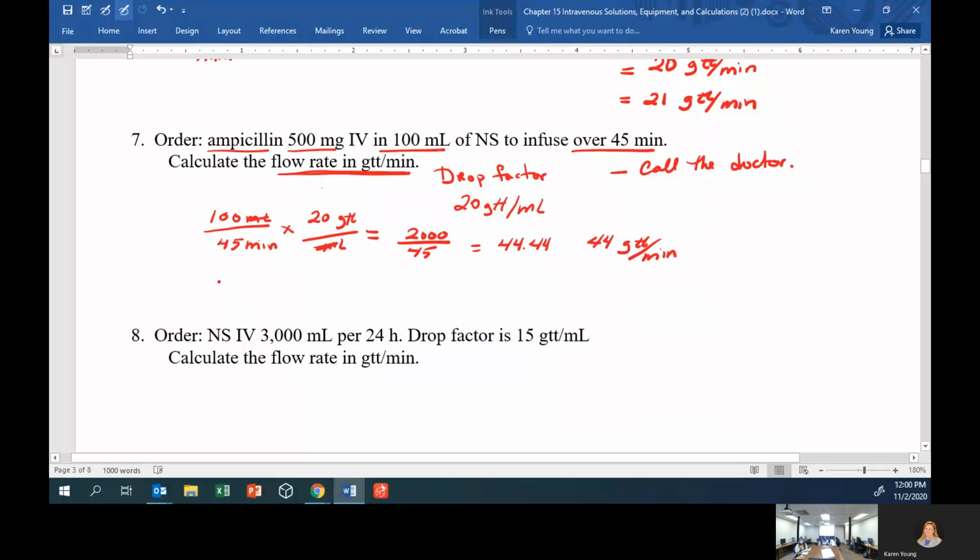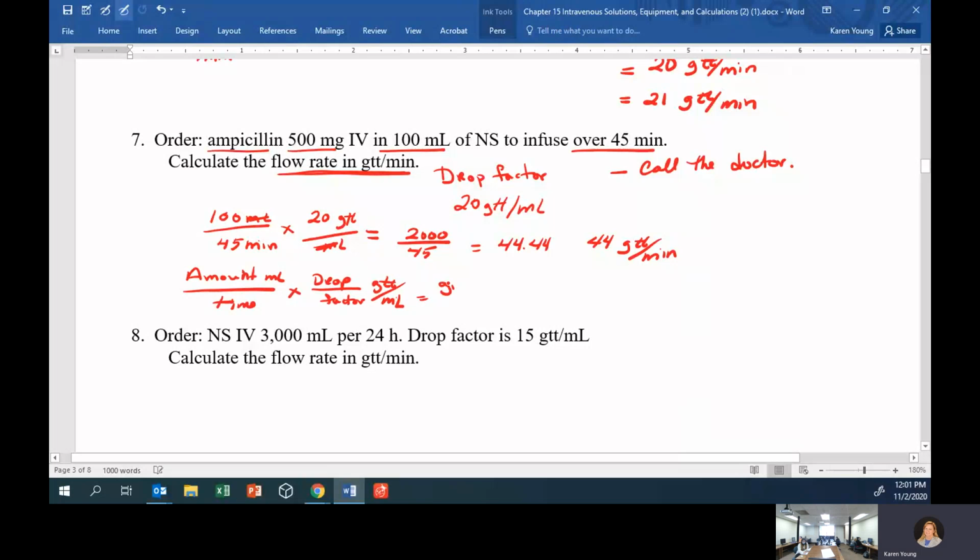So with the gravity flow, I'm still taking my amount in milliliters over my time times my drop factor, which is drops per milliliter.